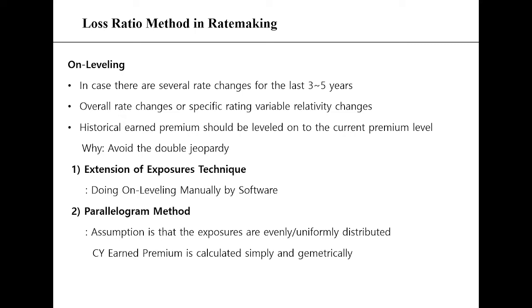And if you go back, let's say, for the last 3 years claims, you do apply the two adjustments. But for premium, if you just use whatever the historical premium, it's like double jeopardy. You did, let's say, 3 or 4 rate filing increases, and then you use the premium from before you increased the premium.